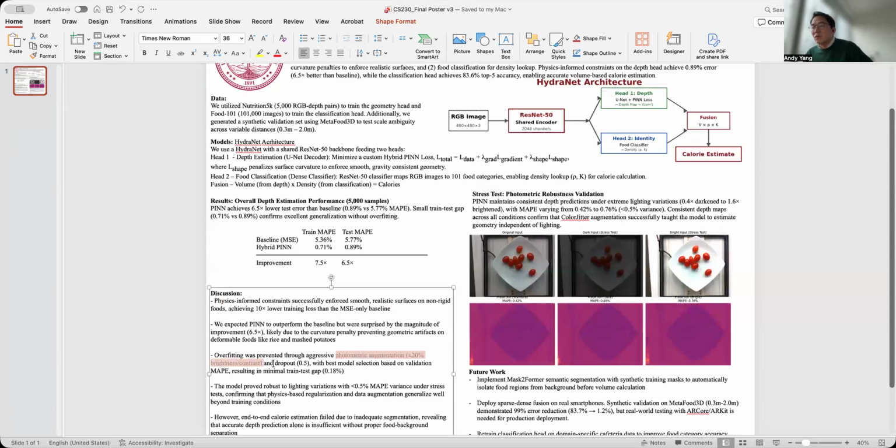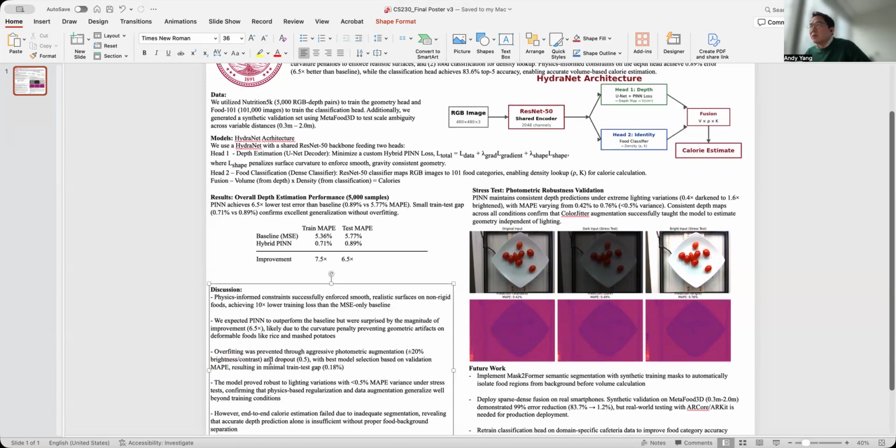I also use dropout 50%, and I can see that the gap between the train error and the test error is within 1% point, 0.18% point precisely.